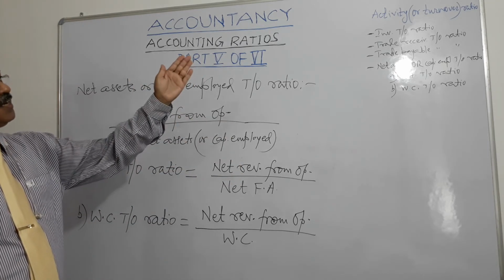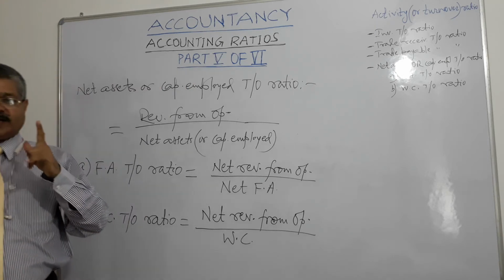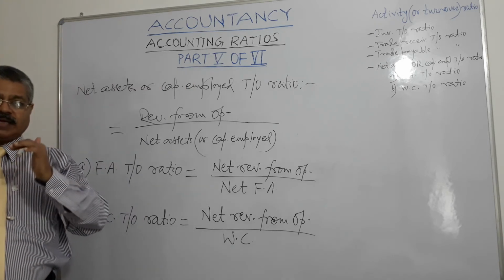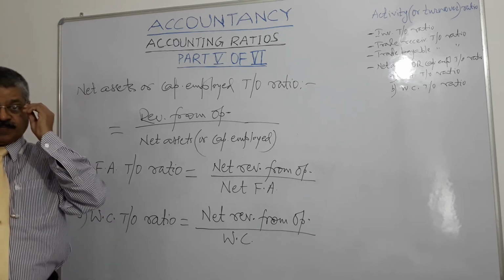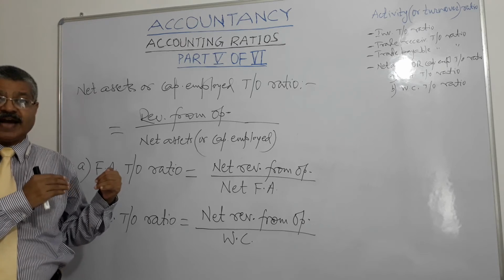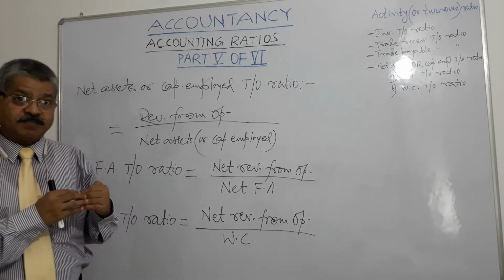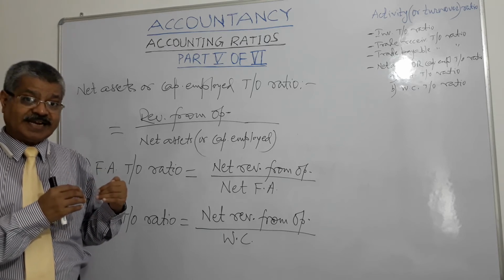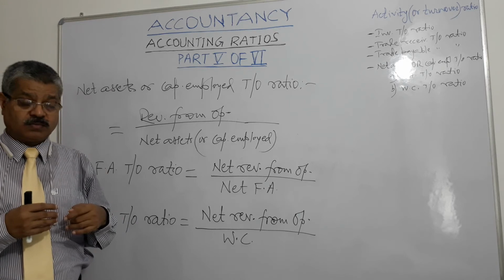So the first one is inventory turnover ratio. Inventory turnover ratio determines the number of times inventory is converted into revenue from operations. Suppose inventory is lying idle, then it's bad for the enterprise because money is invested but it is not getting turned into revenue, right?